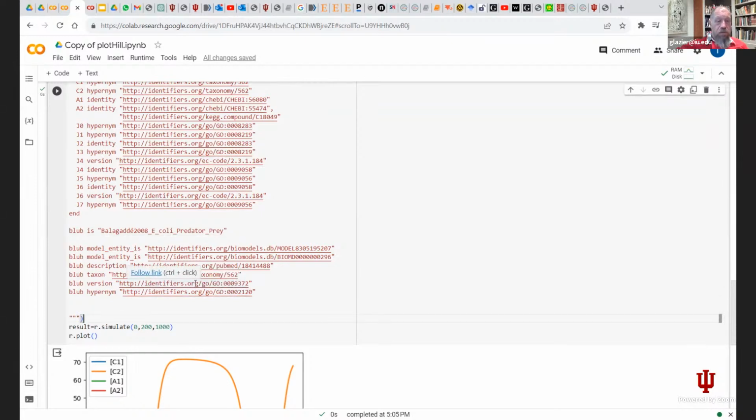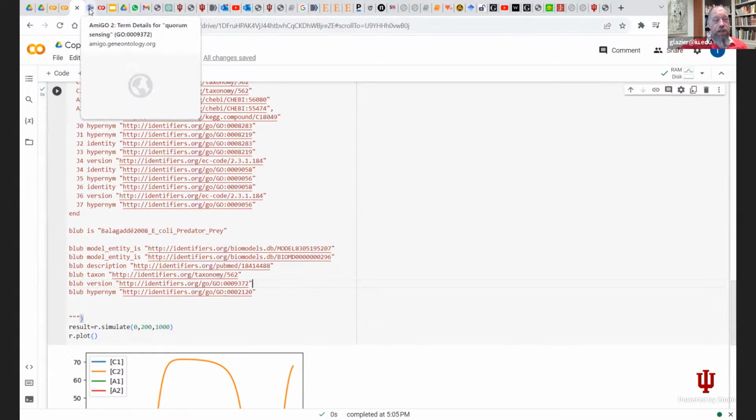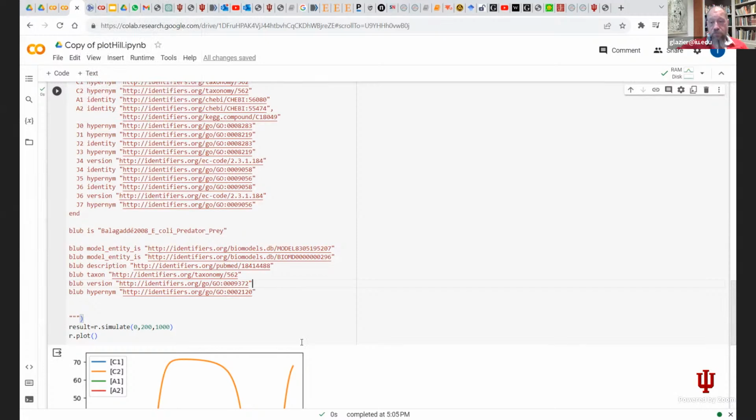Now, it would be more useful if we knew what it was connected to. Here we have, for example, A2, identity, CHEBI 55474. That's saying that this symbol represents this particular chemical species.